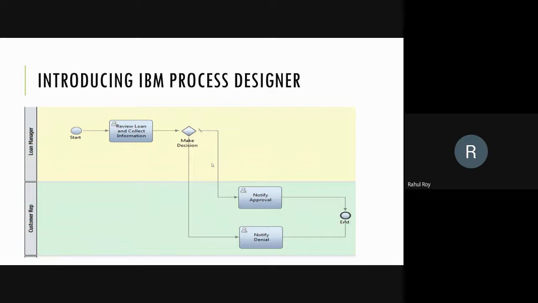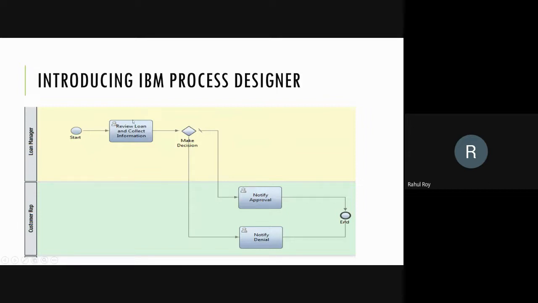Okay. Here, one more thing is that you see here loan manager and there is customer representative. So basically these are called lanes in a process, and each lane can consist of certain activities which are being managed only by this team. For example, review loan and collect information. This activity will be performed by the loan manager.